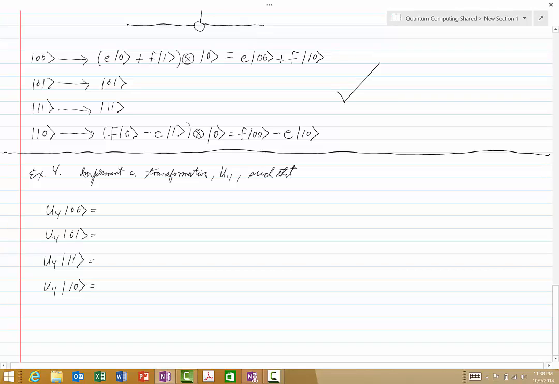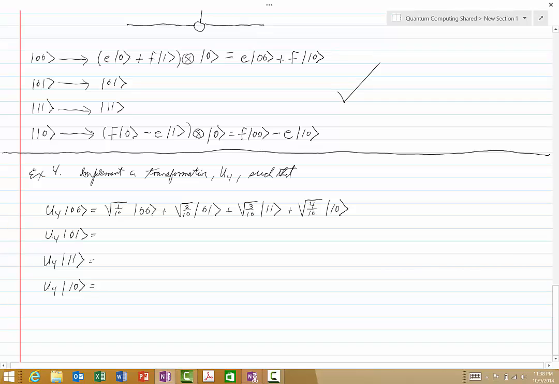I'll say that it's equal to square root of 1/10 0, 0 plus square root of 2/10 0, 1 plus square root of 3/10 1, 1 plus square root of 4/10 1, 0.